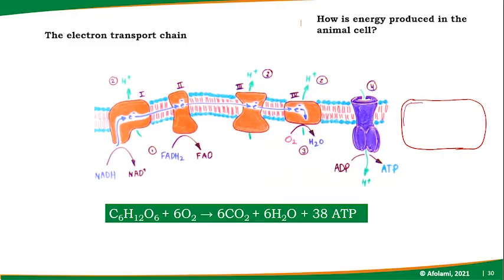So don't forget, in the mitochondrion we have a double membrane, and this is the outer membrane of the mitochondrion. But we also have an inner membrane that folds into the cristae, and the inner membrane inside it is what we call the matrix.